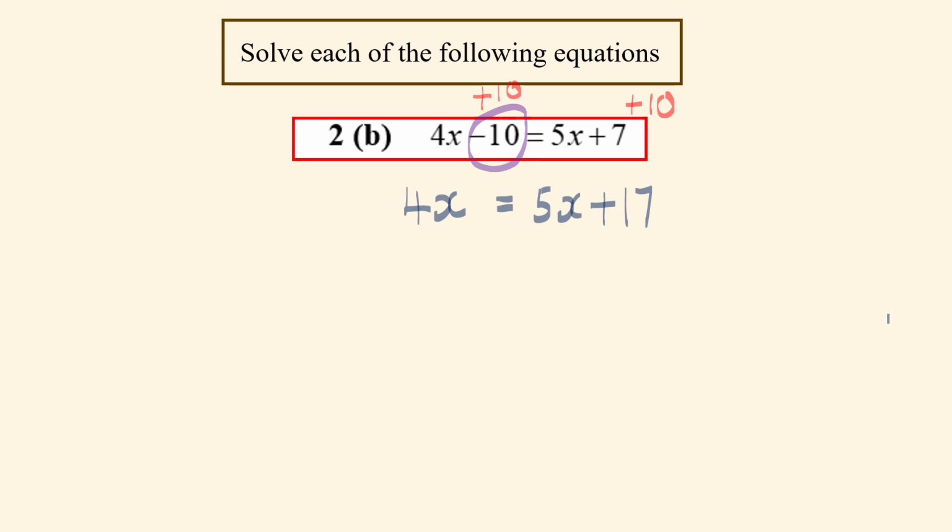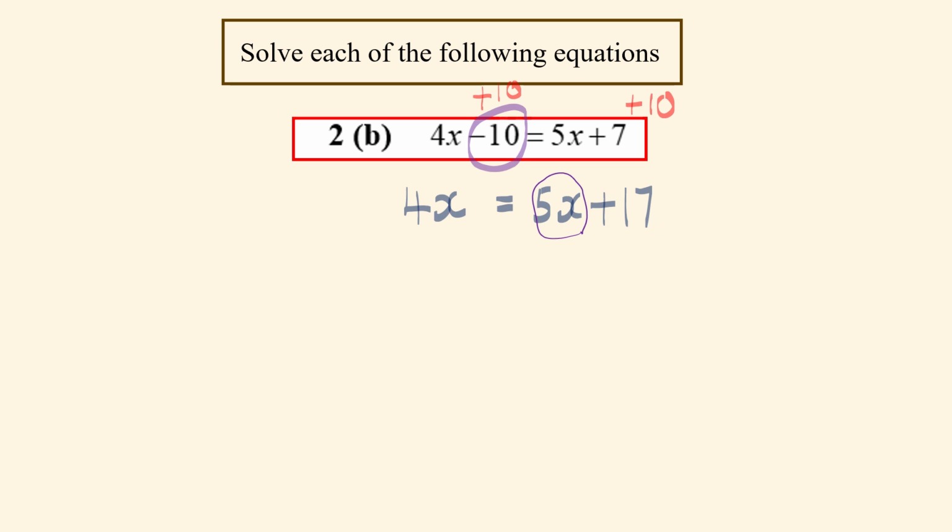We can clearly see that I have 5x on the right-hand side. So I have to group all the terms that have the variable x together. Think of it this way: you have some friends on the left and some friends on the right, and you want to put all your friends on the left side.